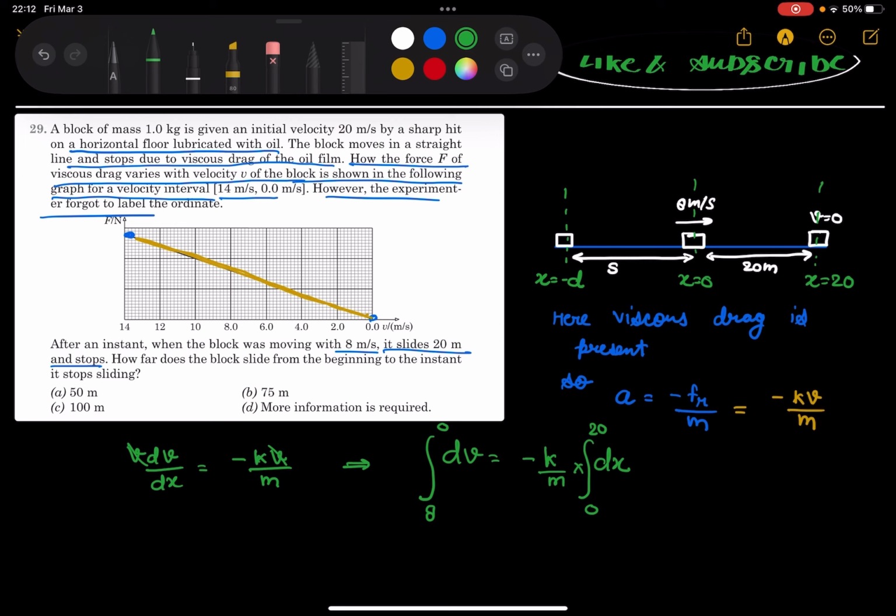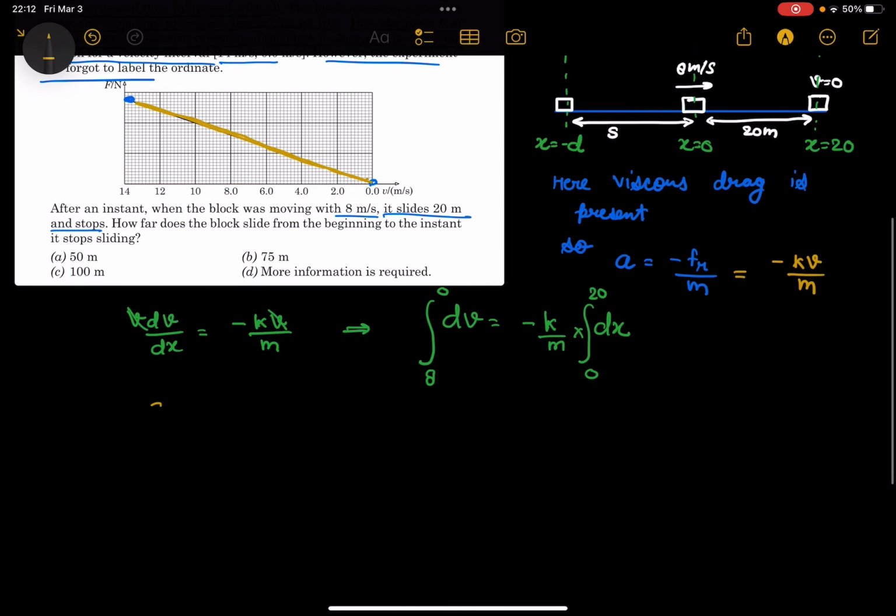So simply, 8 is equal to k into 20 by m. On this basis we can calculate the value of k, that is 8 by 20, or 2 by 5. So the value of k is 2 by 5, which is very helpful for me.